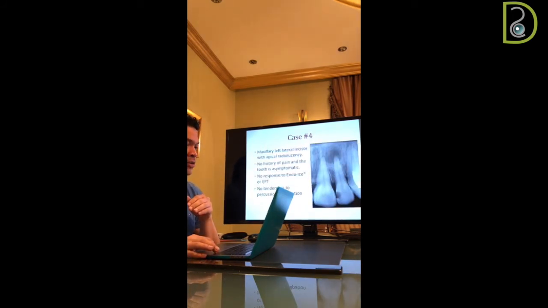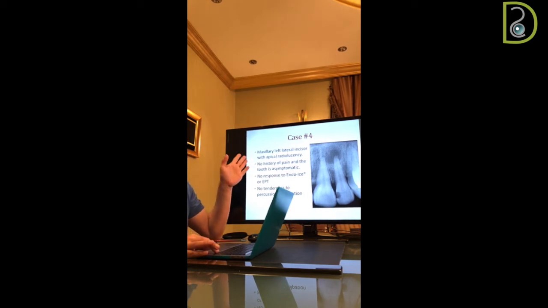Case number 4, it's a maxillary left lateral incisor with apical radiolucency, no history of pain, and the tooth is asymptomatic, no response to endo ice or EPT, no tenderness to percussion and palpation.